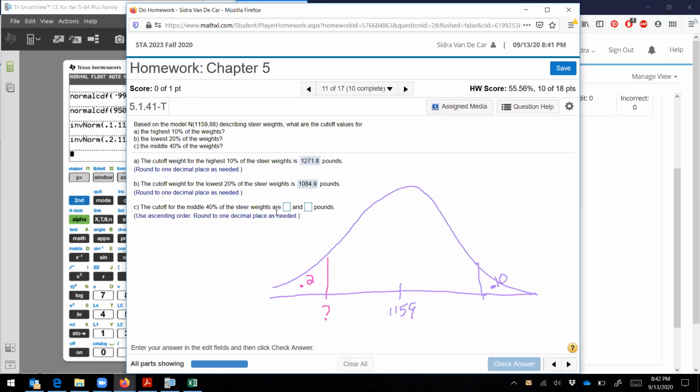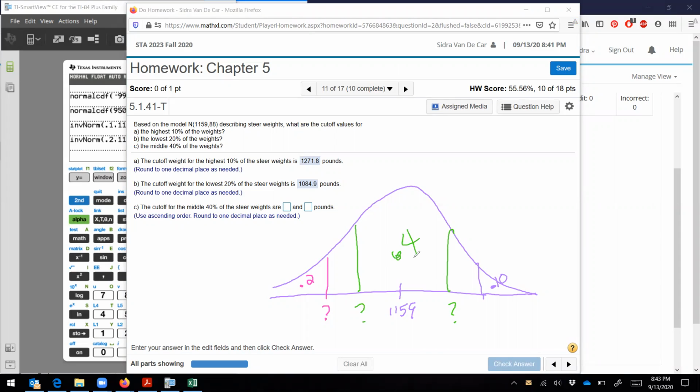The cutoff for the middle 40% of steer weights. So now I'm looking at the middle 40%. So I want to know what value is here and what value is here so that 0.4 is there.